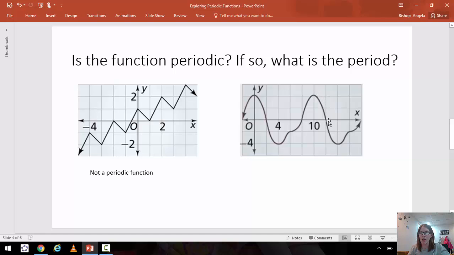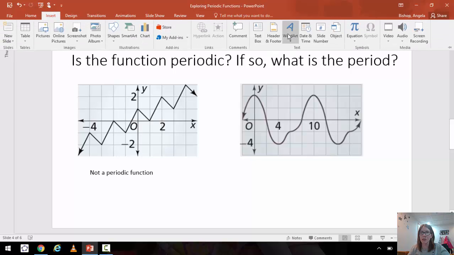And hey, that pattern repeats. So since that pattern repeats, our y values repeat themselves at a regular spacing. That means that this is a periodic function.